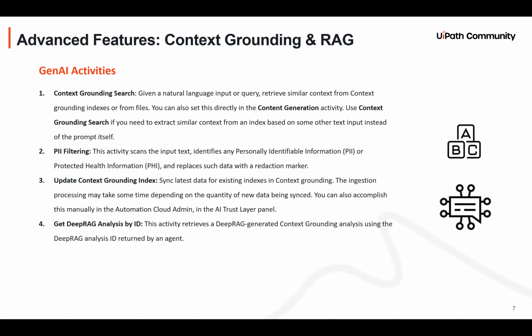If it is available, we will get the address, like in which file and at which page that information is available. So activities like context grounding search will be useful when debugging issues related to any GenAI activity.